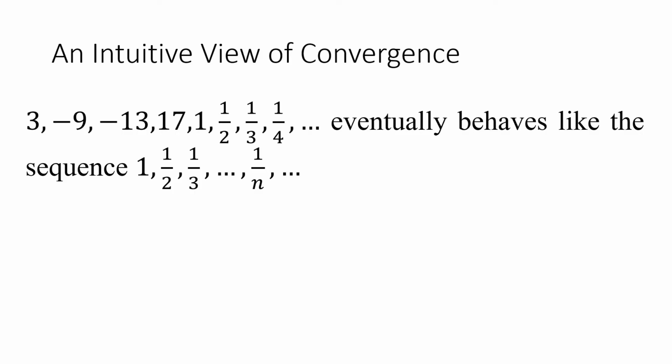So, an intuitive view of convergence. Informally stated, the convergence or divergence of a sequence does not depend on the behavior of its initial terms, but rather on how the terms behave eventually. For example, we have this sequence 3, -9, -13, and so on, which eventually behaves like the sequence 1, 1/2, 1/3, and so on up to 1 over n.